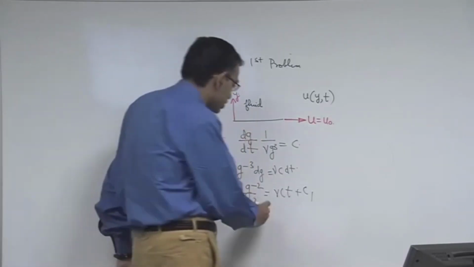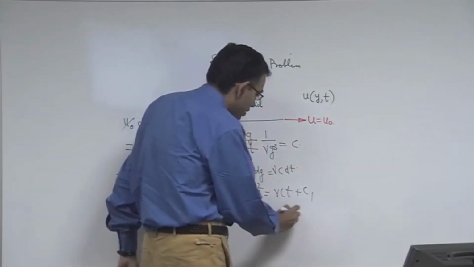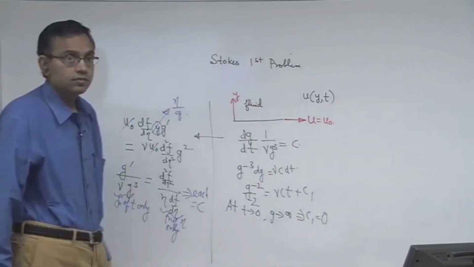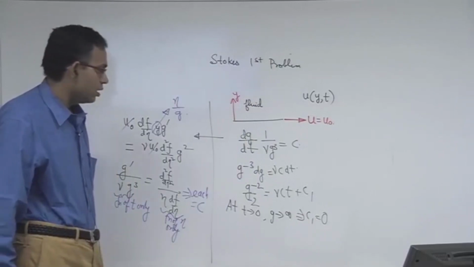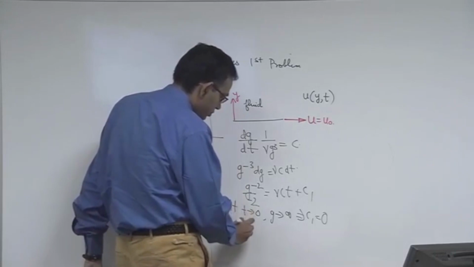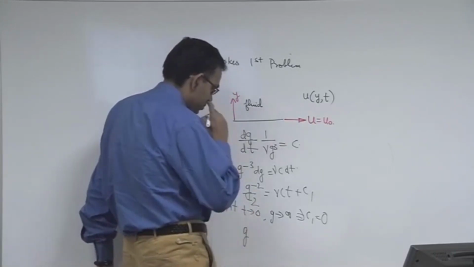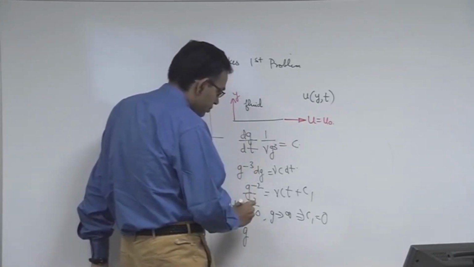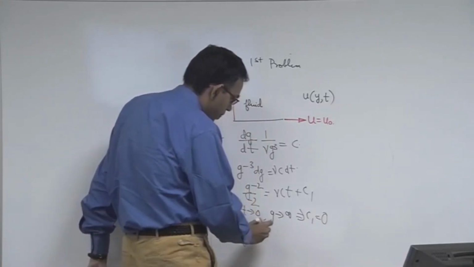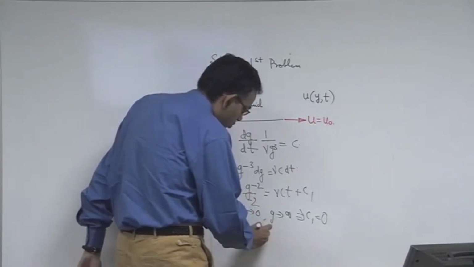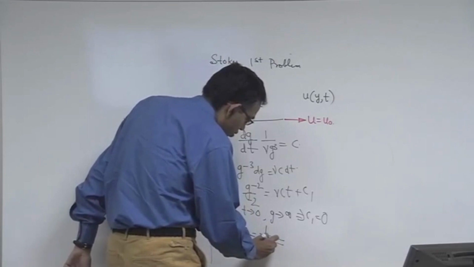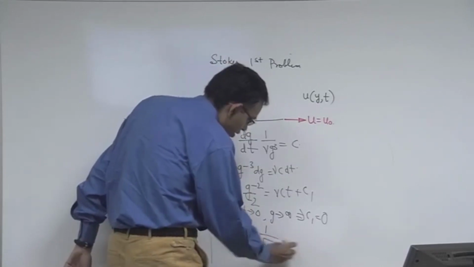So, at t tends to 0, G tends to infinity, that means C 1 will be 0. So, you have G is equal to 1 by square root of minus 2 nu C t.